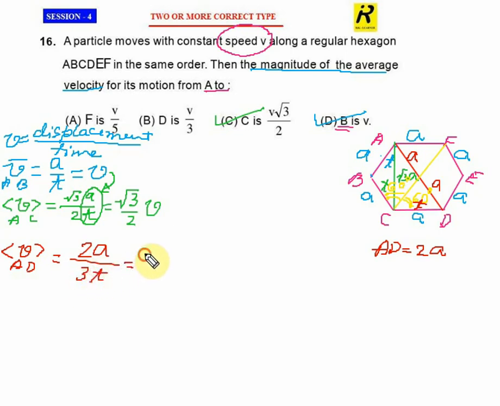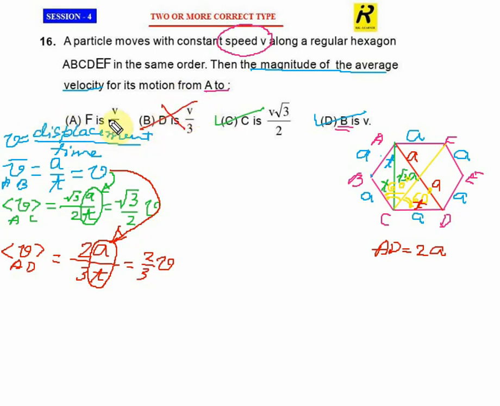So this is nothing but 2A divided by 3t, and the ratio A divided by t is again V. So 2 by 3 V. So that means the average velocity between the points A and D for the particle is 2 by 3 V, not V by 3 alone. So that means this option is wrong.